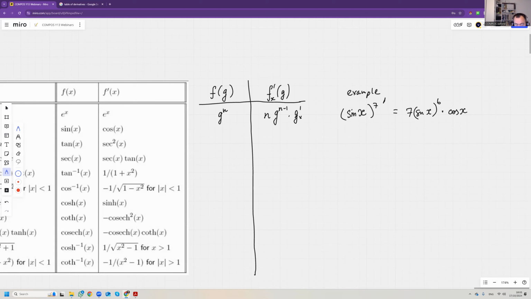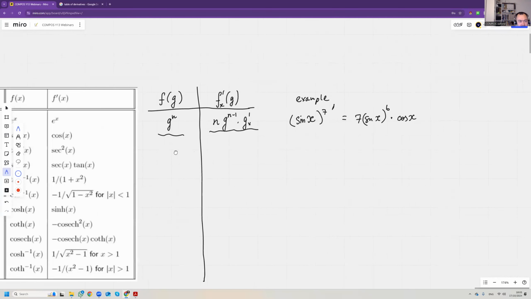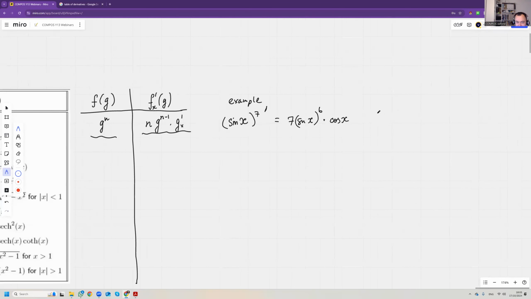So this is just the chain rule, but this is like the formula for the derivative. And if you think about it, that's what you are doing already. Let's say you have x to the power 7, and you're finding the derivative. It's 7 x to the power 6 multiplied by the derivative of x.